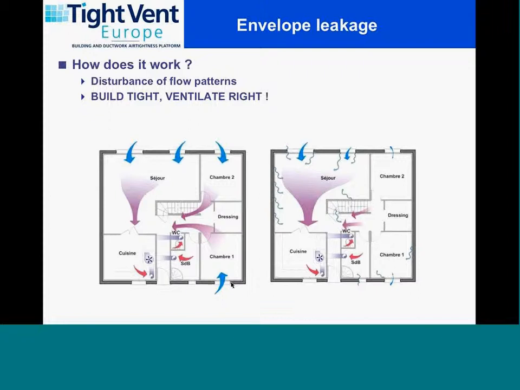You may have rooms that have a high leakage rate, and on the other hand other rooms that have little leakage, and therefore it's going to disturb the flow pattern, as you can see on this slide. So the aim, of course, is to build tight, but at the same time to ventilate correctly, because if you only build tight and you don't have a proper ventilation system, then it's of course a problem.